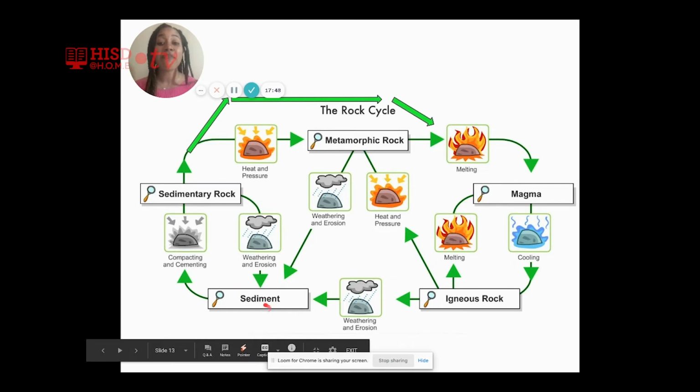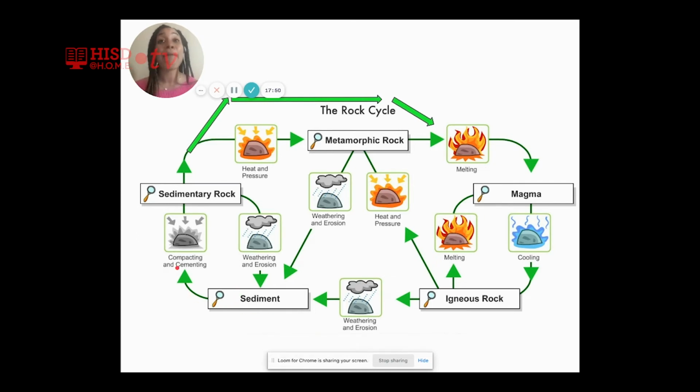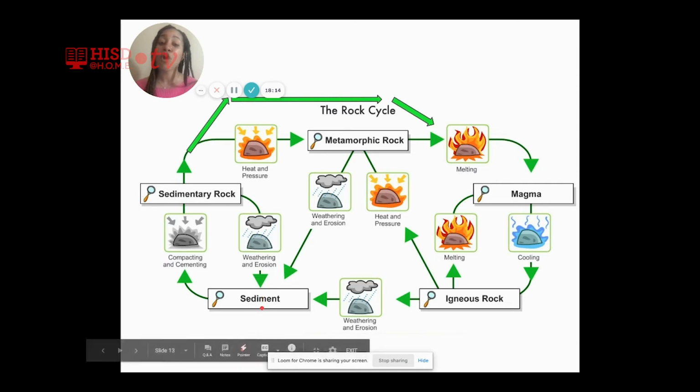Once we have a sediment, if we're able to compact and cement several pieces, like hundreds of pieces of sediments together, then it will be called sedimentary rock. You can also do this with metamorphic rock. If we have metamorphic rock, and we again apply weathering, break it down, and erosion, carry it, it will form sediments.